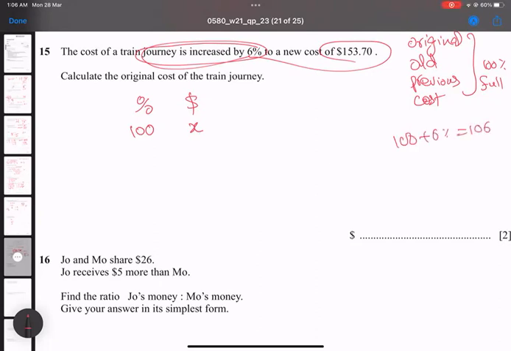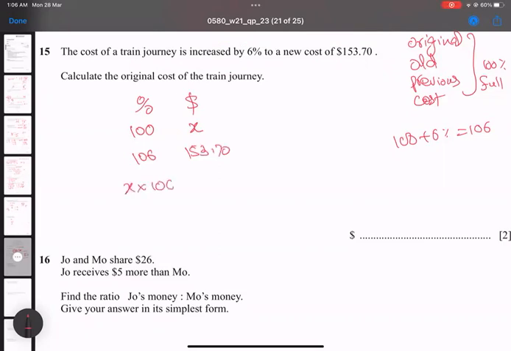After increasing, 106 becomes that number. So I'm going to write 106 here and 153.70. Now cross multiply: x times 106 and 153.70.